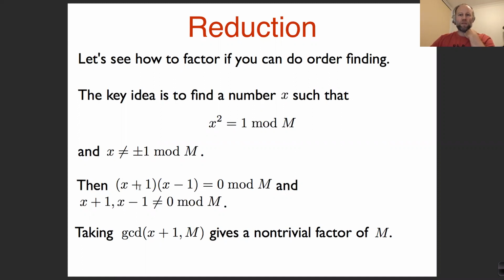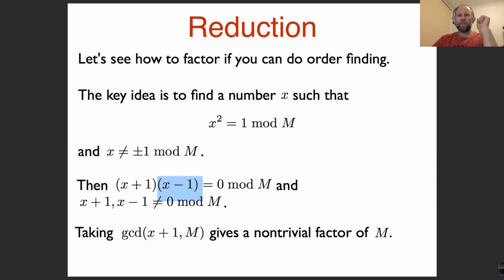So we have x plus 1 times x minus 1 equal to 0 mod m, and neither of these two factors is a multiple of m. What that means is that x plus 1 must share some non-trivial factor with m, and x minus 1 must also share some non-trivial factor with m, because m doesn't divide either of these alone, but it divides their product.